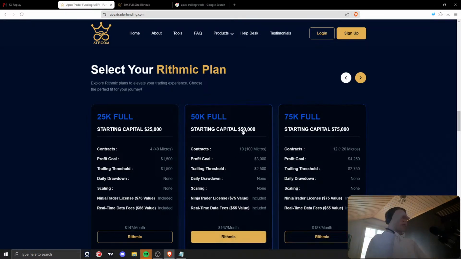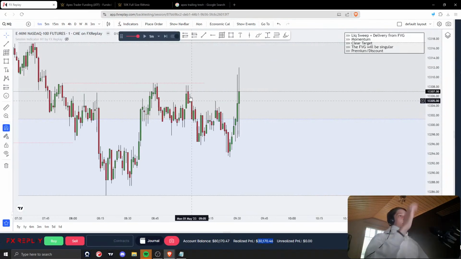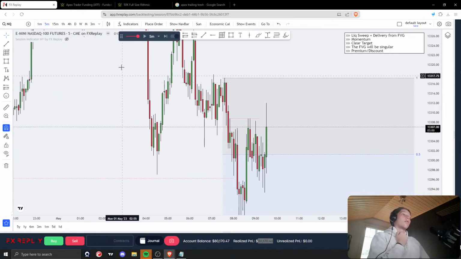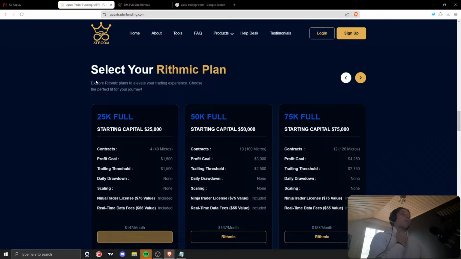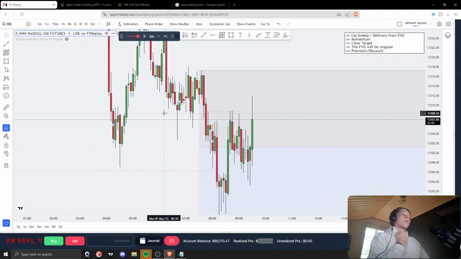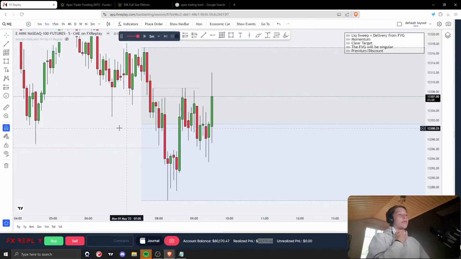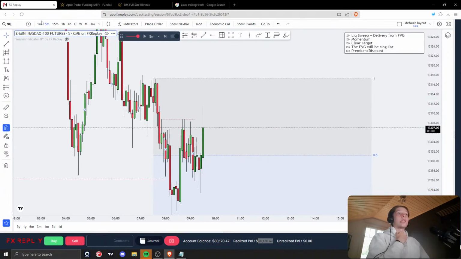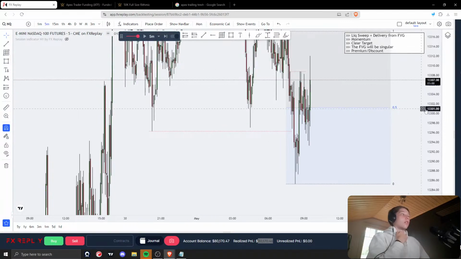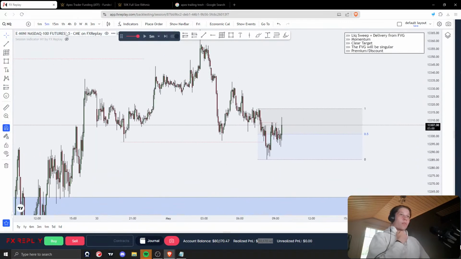Whereas if you start at 50k and lose immediately all of this 2.5k, you are allowed to go to 47.5k before you lose the account. So that drawdown is kind of trailing, so that they don't allow you to lose your profits per se. But yeah, that was a good one. That was a decent trade. I liked it.